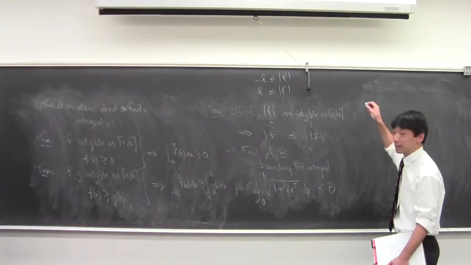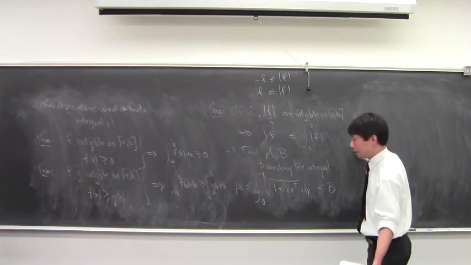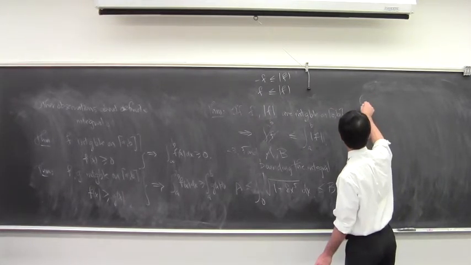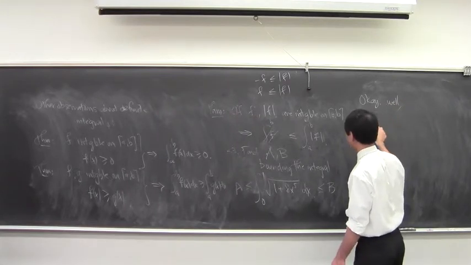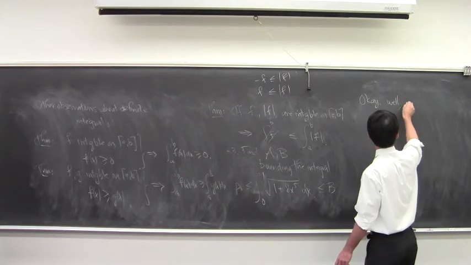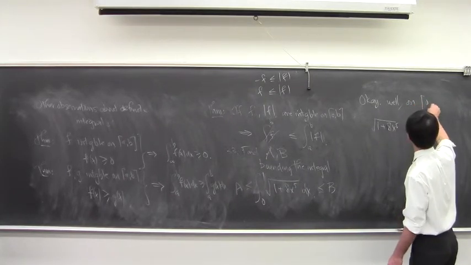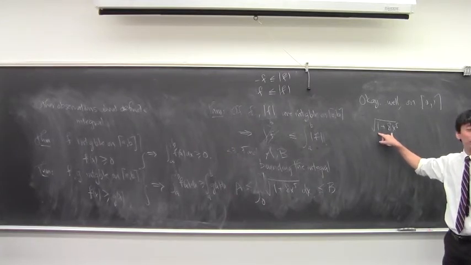Okay. And so here's how, because there's only a minute left, let me show you how you do this. You'd say, if you look at this thing on the interval 0, 1, what's the maximum value, and what's the minimum value of this?